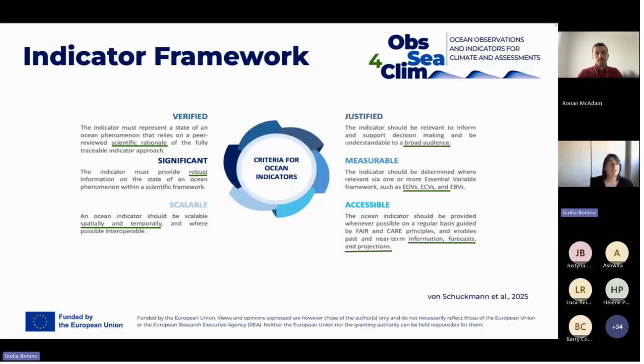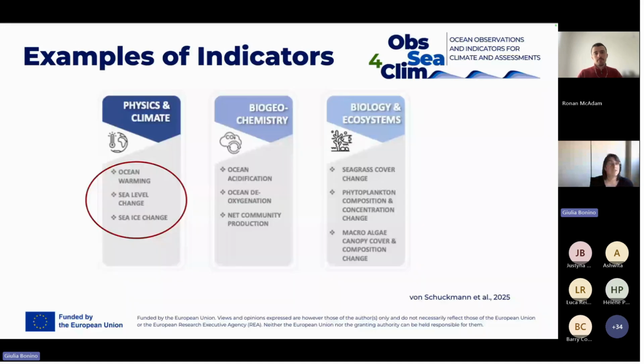Just to give you an idea, examples of ocean indicators are ocean warming, sea level change, and sea ice changes. But now, why do we need marine extreme indicators?